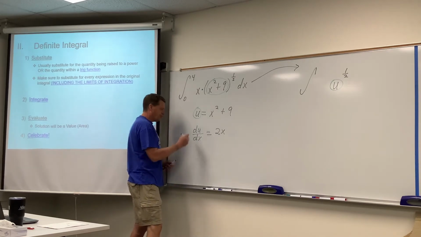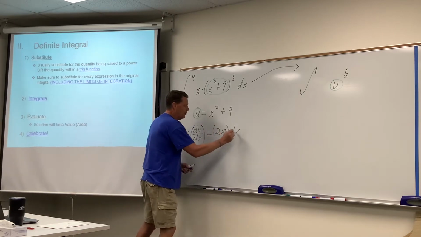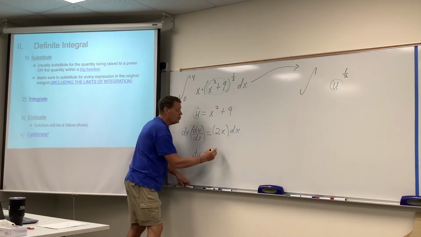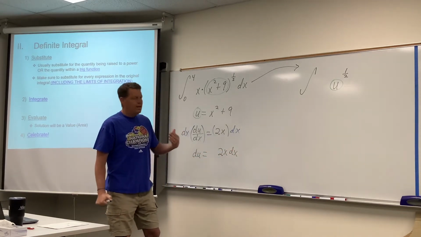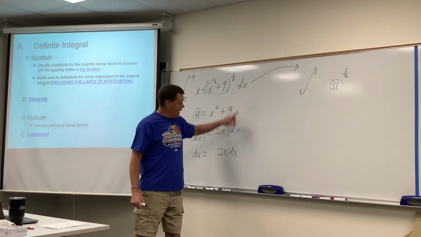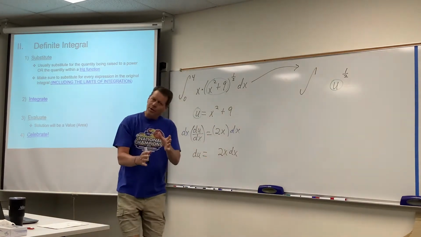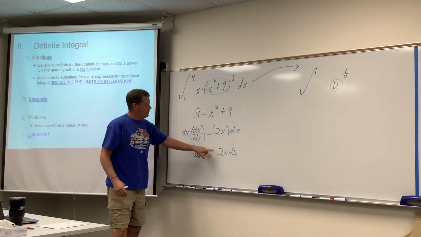But then, if we clear the fraction, you'll notice that we've got a du here, and it equals 2x dx. And the beauty of this would be that not only did the dx fall in our lap, but look at that! We also got a 2x here. Now look, it's pretty similar to the original integral. The only difference is that's a 1x instead of a 2x.